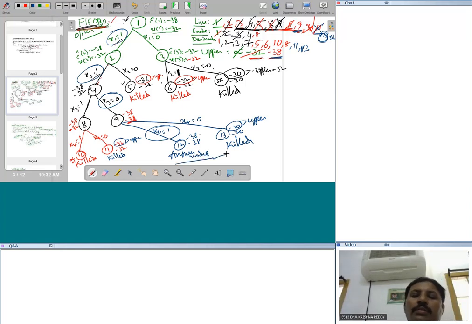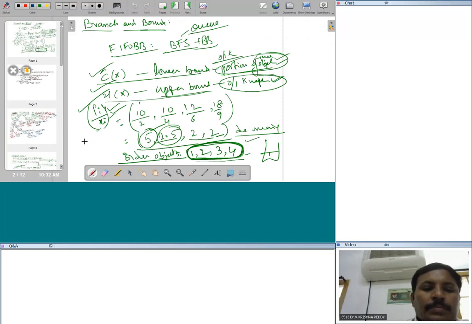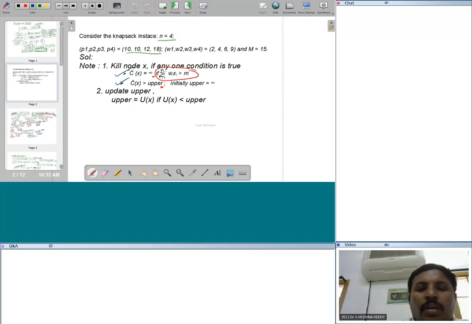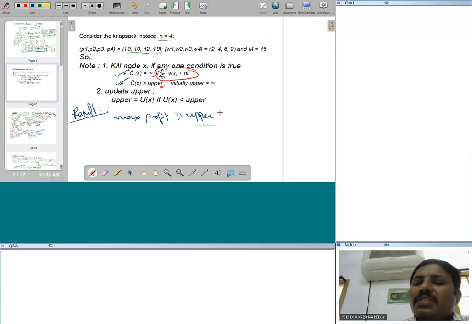So how to write the answer for node 12? We have to write answer node and announce the result like this. After completion of the total problem, the result is: the maximum profit of the knapsack is the upper value.